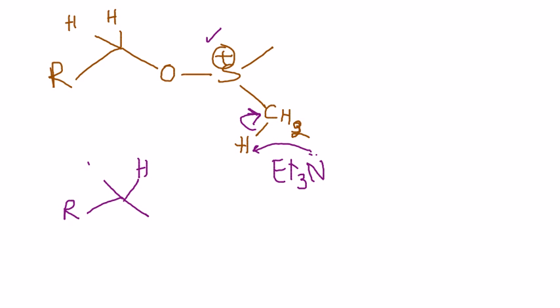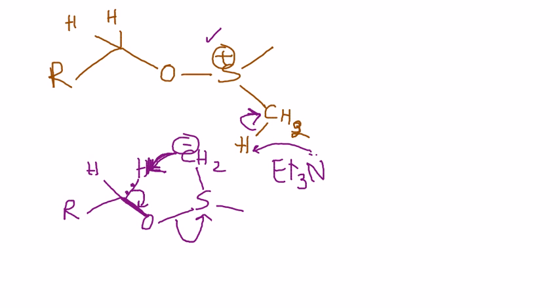That gives you the carbanion, CH2 with a negative, and that is then going to pick up the protons next to the carbonyl, so that these electrons are going to move, and then the sulfur oxygen bond is going to break.